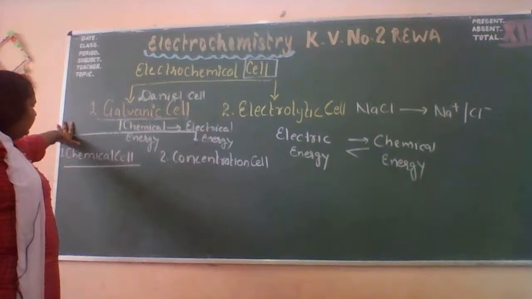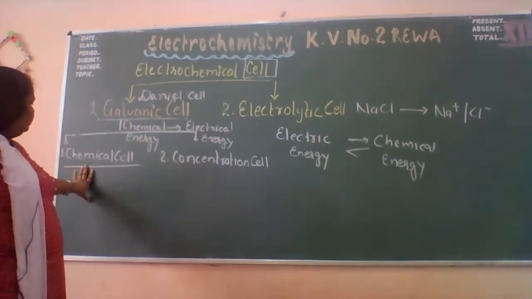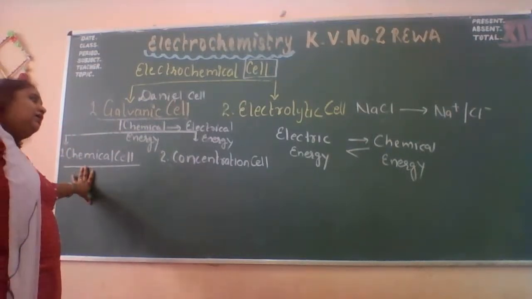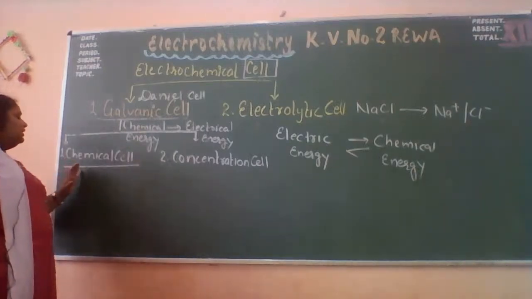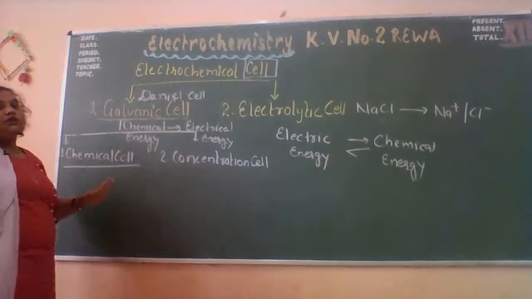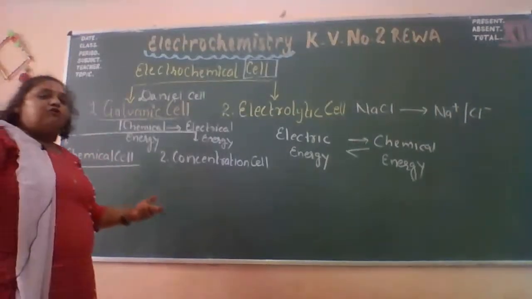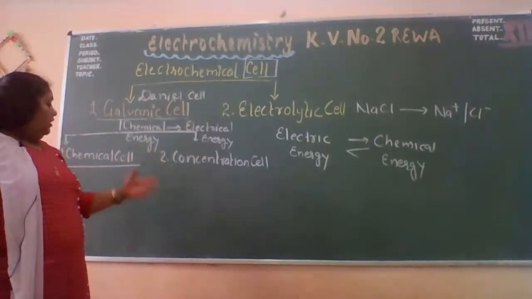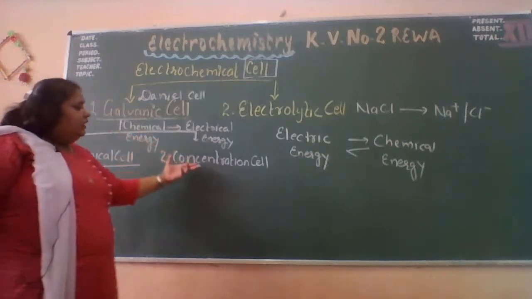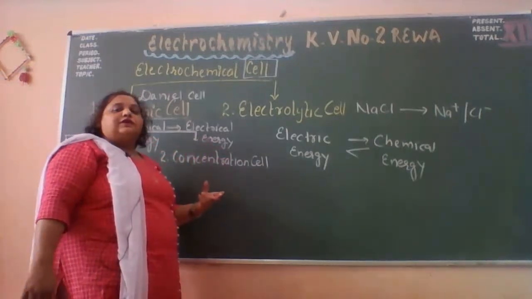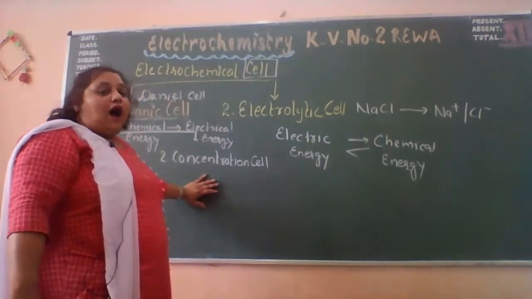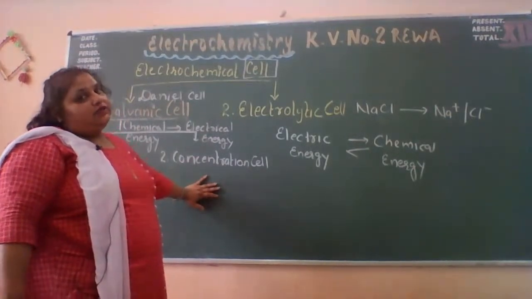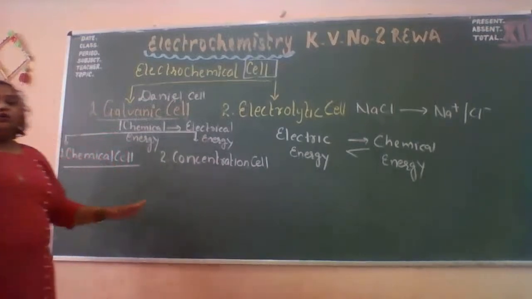In the galvanic cell, two types of cells are there. The chemical cell, where only the chemical reaction takes place, but there is absolutely no change in the concentration, neither of the electrolyte nor of the electrodes. In the concentration cell, the concentration changes, and this change may be in the concentration of either the electrode or the electrolyte.